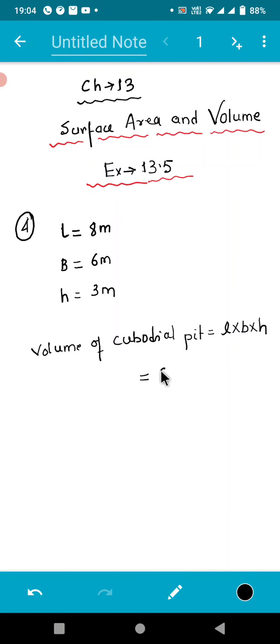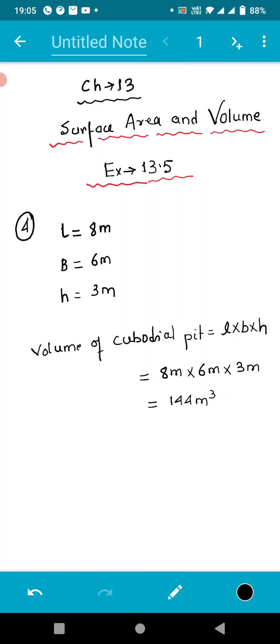Now length is 8-meter, breadth is 6-meter, and height is 3-meter. And this would be equals to 144 meter cube. So this is the volume of the cuboidal pit.